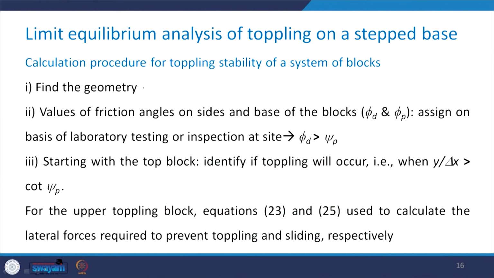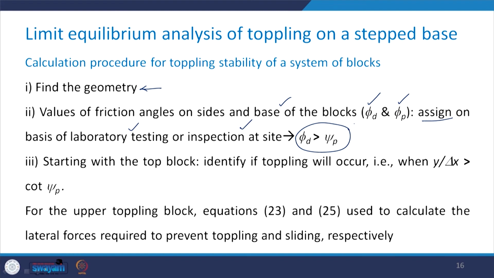The first step is you need to find the geometry of every block. Then values of the friction angles on the sides and base of the blocks, they are phi d and phi p. We need to assign these on the basis of lab testing or inspection at site, and you need to keep in mind that this phi d will be greater than psi p.